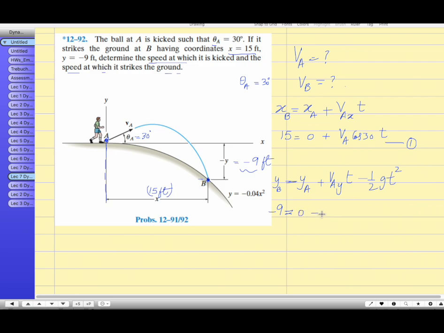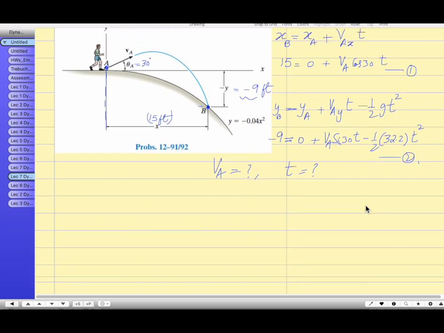So yA is 0, plus VA sine 30 times t, minus 1/2 g t squared. This is the FPS system, and gravity in the FPS system is 32.2. So now we are happy that we have two equations and two unknowns. One unknown is VA, and the second unknown is t.